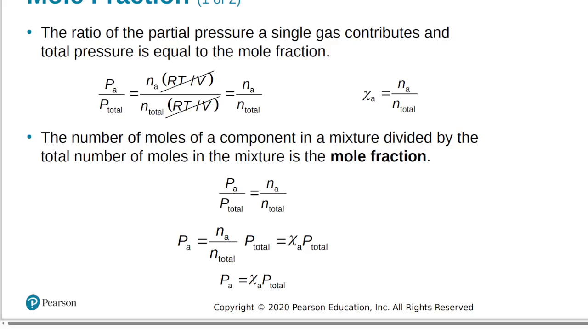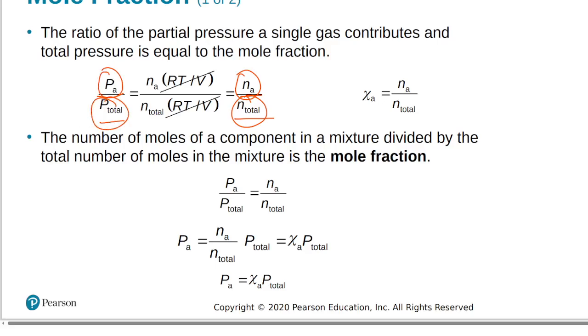So if we know the partial pressure of a component and the total pressure of the gas mixture, we can relate that to the number of moles of that component to the total moles. So in other words, the number of moles of a component of a gas mixture is related to the total number of moles of gas by the partial pressure of that component to the total pressure.